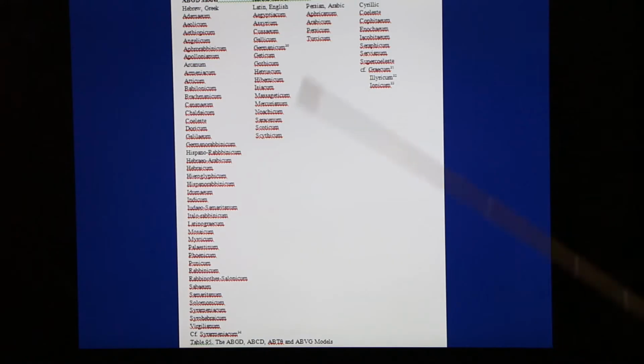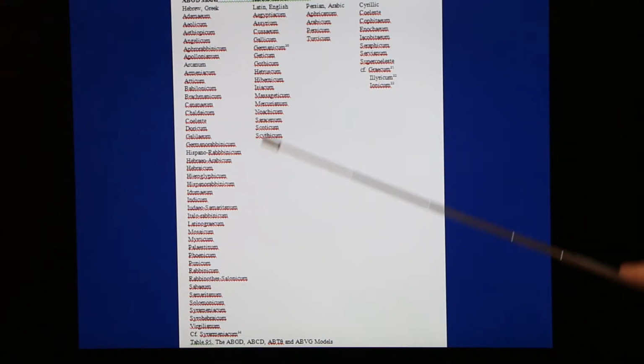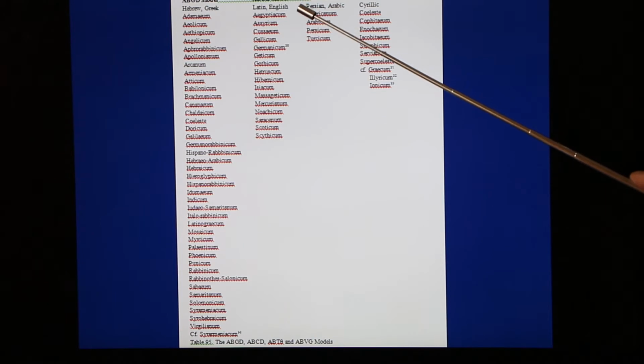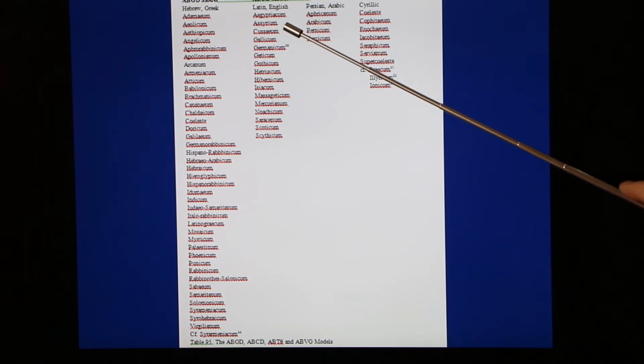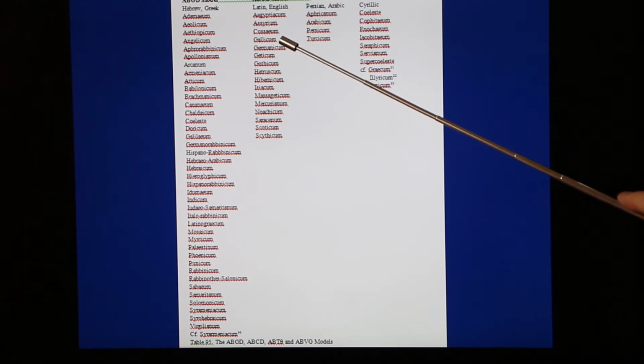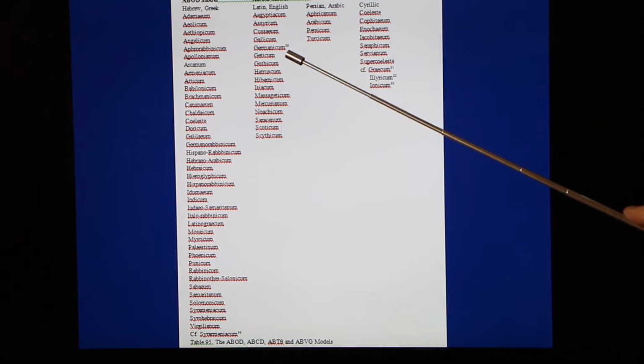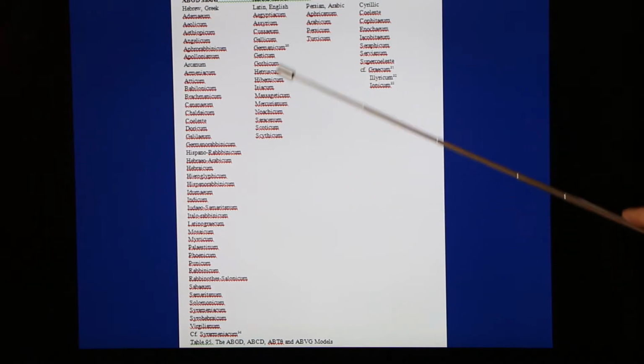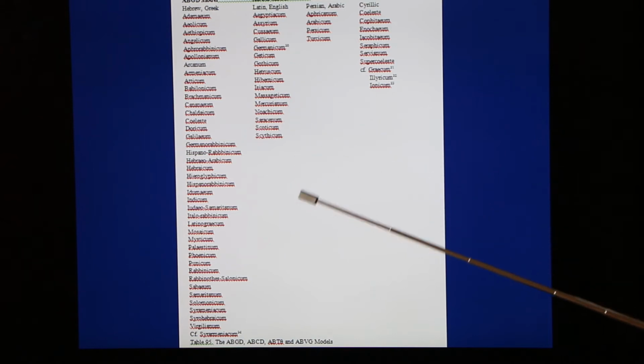And I have tried to list them under the 4 basic models of how you do alphabets. So the ABGD model, we get these. The ABCD model, we get Latin, English, Egyptian, Assyrian, Gallic, Germanic, Getic, Gothic, and Etruscan.